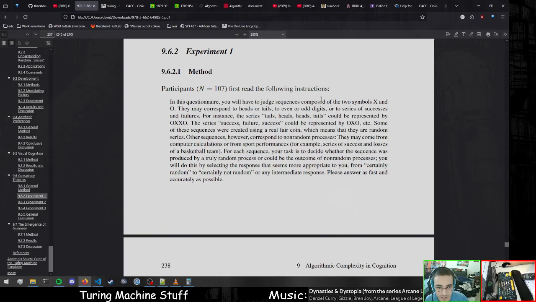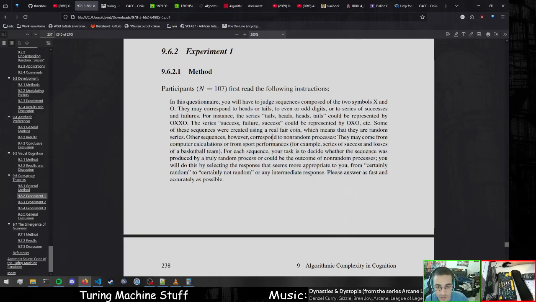So you have to judge sequences composed of the two symbols X and O. They may correspond to heads or tails, or odd digits, or to a series of successes or failures. Some of these sequences are created using a real fair coin, which means that they are random.